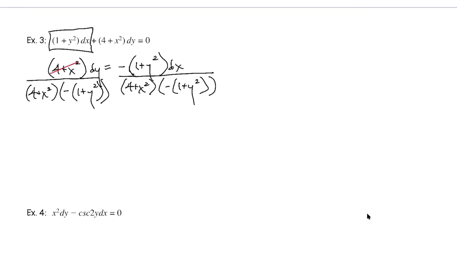All right, that's going to get rid of these, and that's going to get rid of these. And what we end up with is dy over 1 plus y squared equals negative dx over 4 plus x squared.